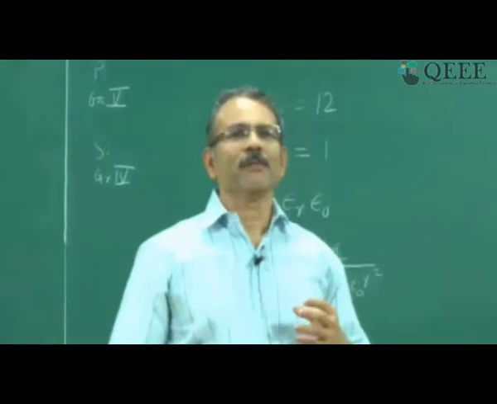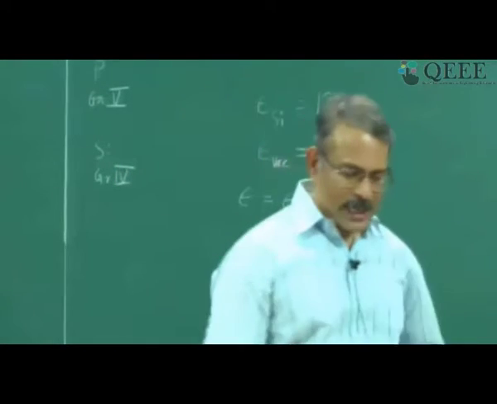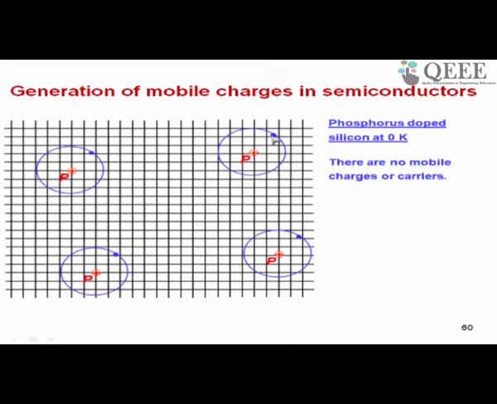So the energy of this fifth electron will be 1 by 144 times the energy you would get for an electron revolving around a positively charged nucleus in vacuum, and that is why the bond energy between this fifth electron and the phosphorus atom is very small compared to the silicon-silicon bond energy.